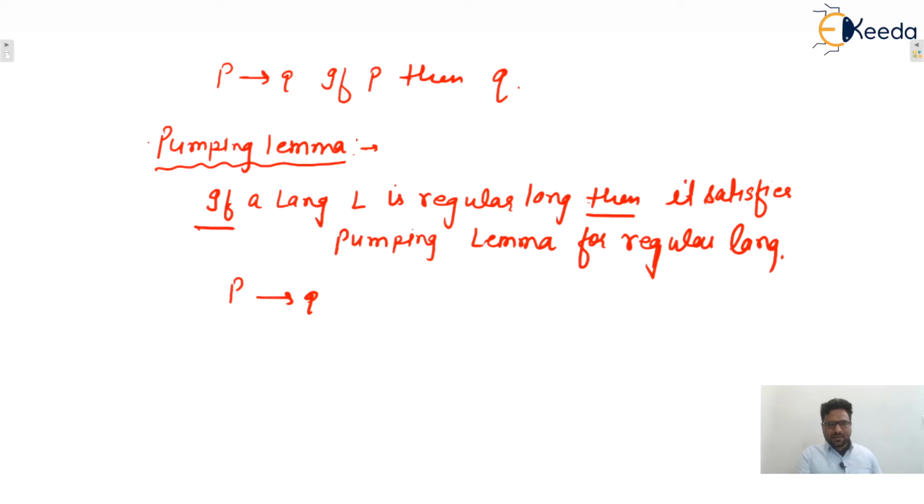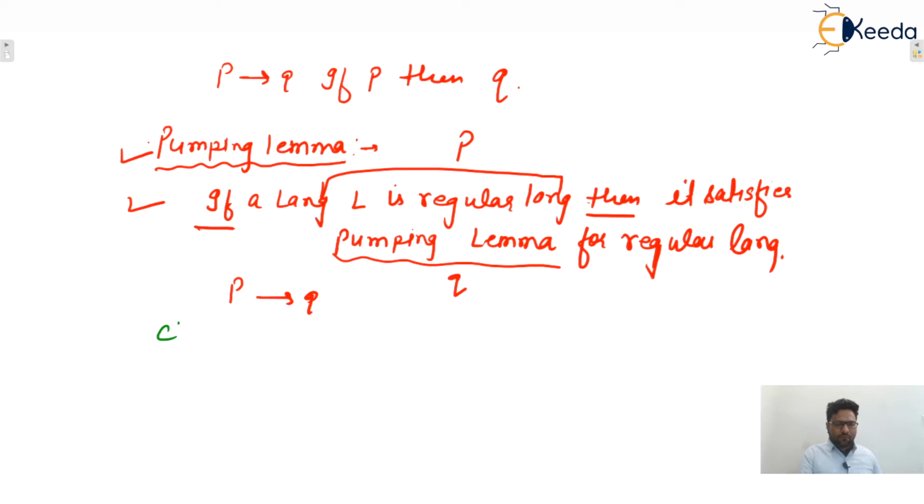So language L is regular, this becomes P, and it satisfies the pumping lemma, that becomes Q. So that is the statement of this lemma. But in the question, it will be asked like that: check true or false.